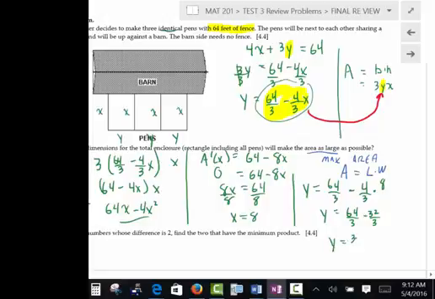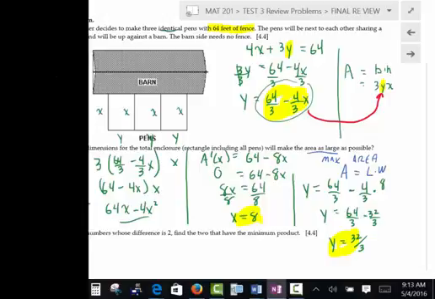So that's y equals 32/3. So your dimensions are going to be this and this. That would be your answer. I guess this is in feet, so you would say 8 feet by 32/3 feet, or change that to a mixed number if you want to. Is that on my answer key?